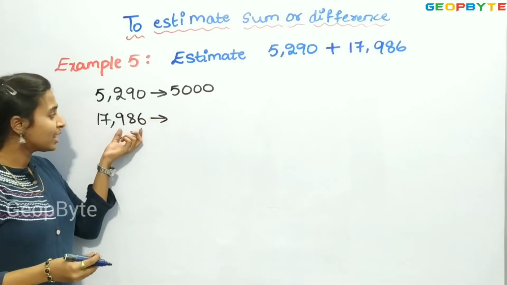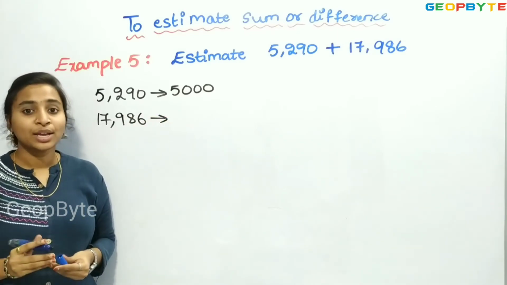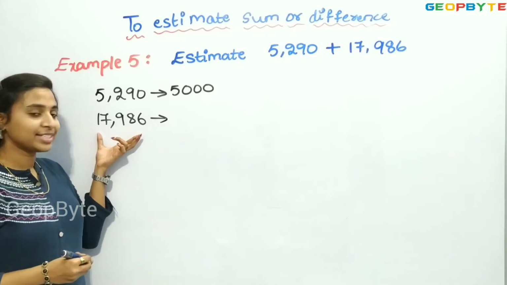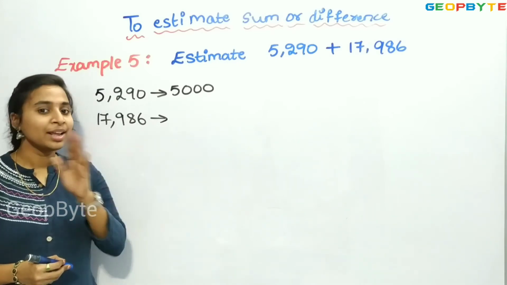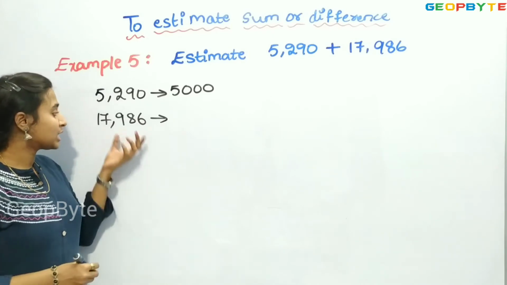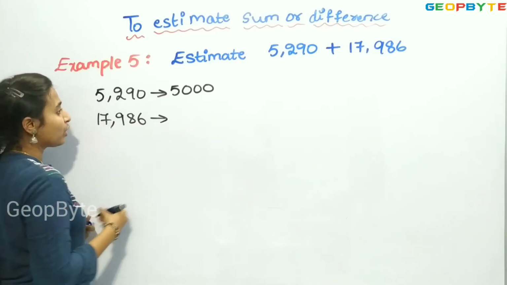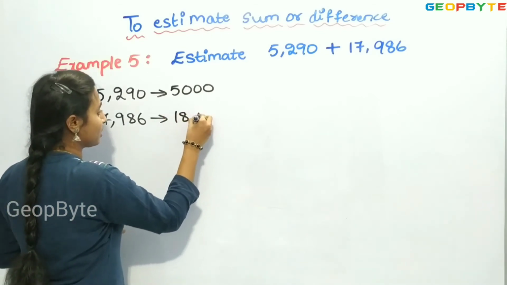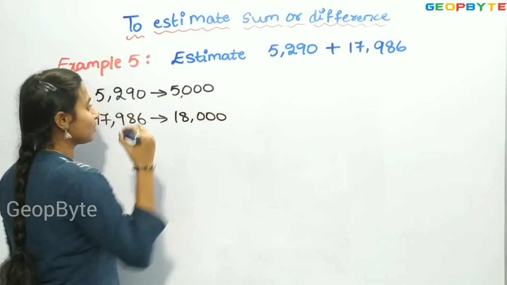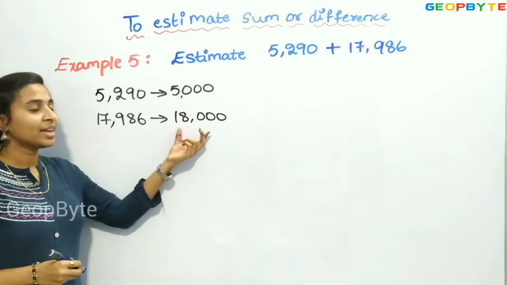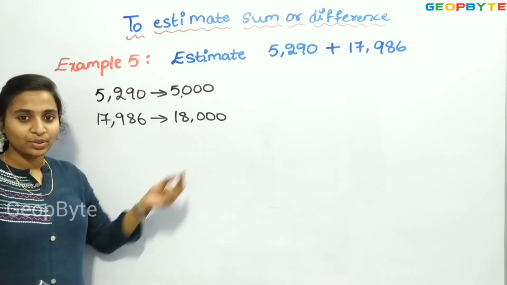If you see, 986 is more than 500. So, actually this number lies between 17,000 and 18,000. As we have a number more than 500, this is rounded off to 18,000. Right? So, 17,986 is rounded off to 18,000.